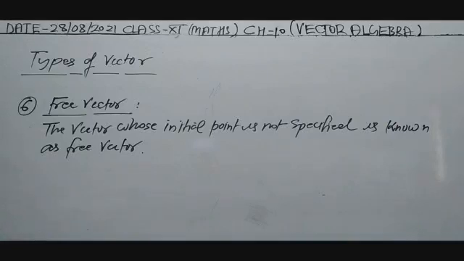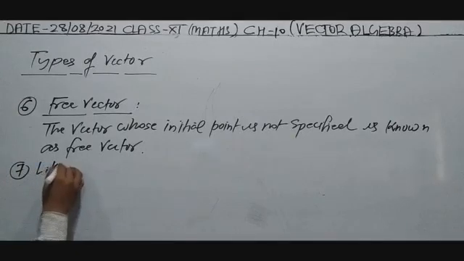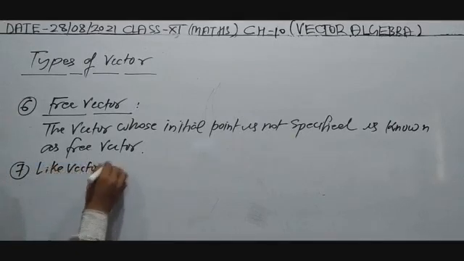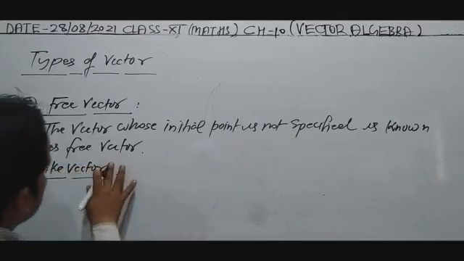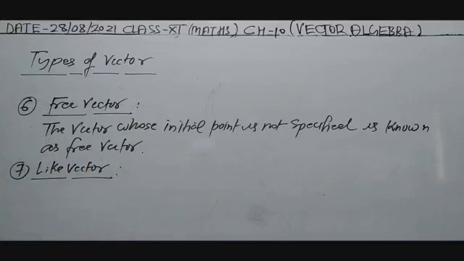Now come to the next definition. The seventh is like vectors. What is a like vector? It is a type of vector having the same direction.